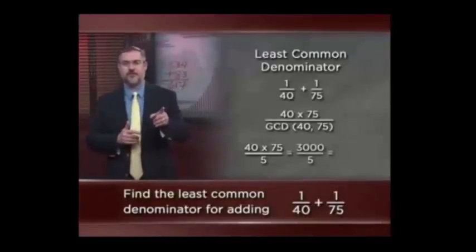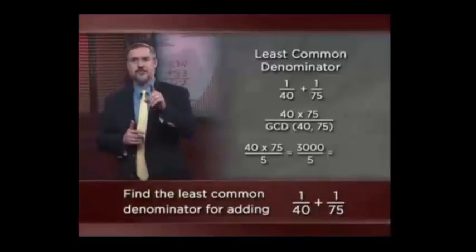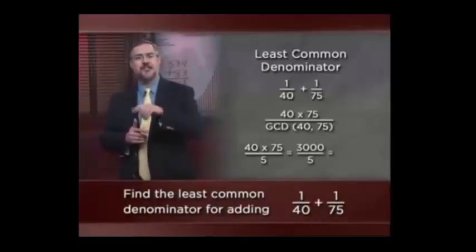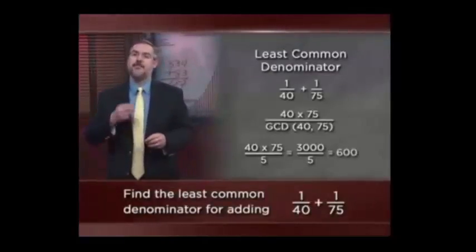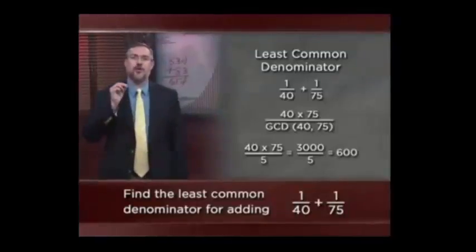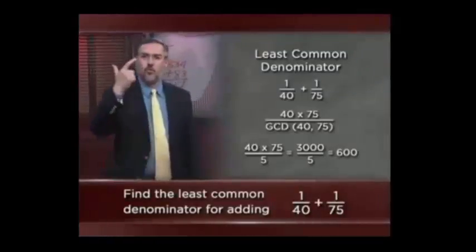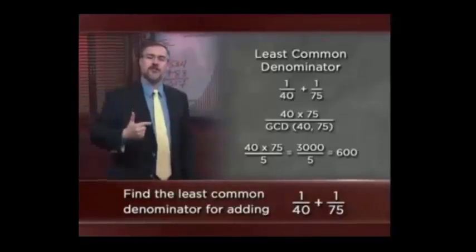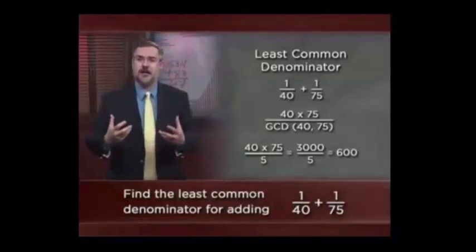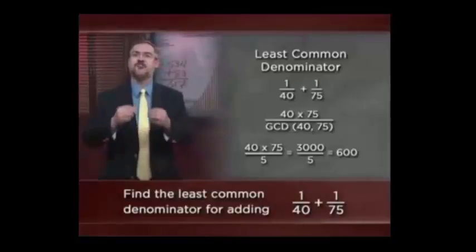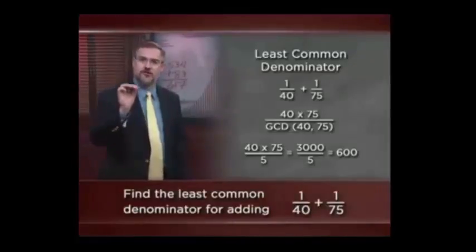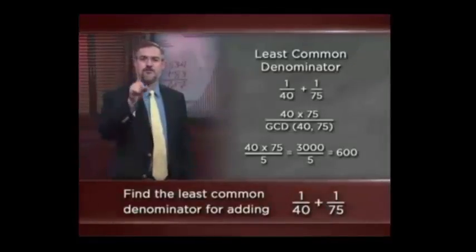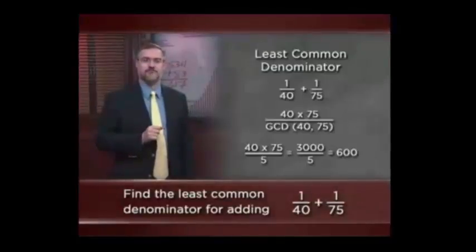And so 40 times 75 over 5 is 3,000 over 5. And that's equal to 600. And that means that the denominator we would need if we were converting 1 over 40 and 1 over 75 so that they had common denominators would have to be 600. That would be the smallest denominator that we could use to finish that addition problem.